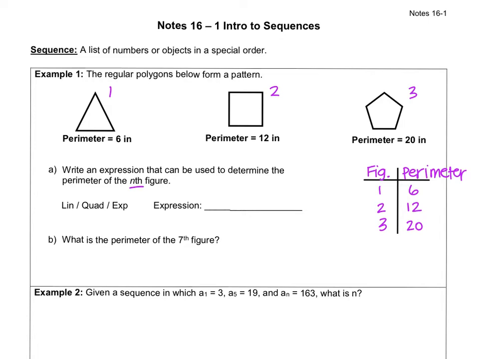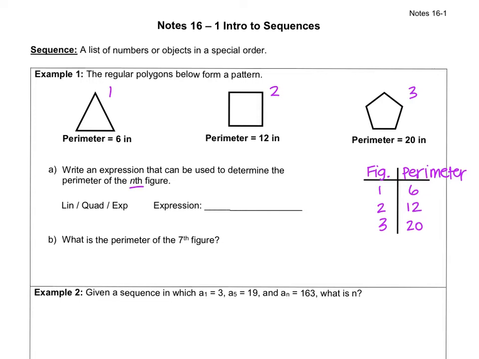And so what you need to do right now is go to your list. So go to Stat, and in L1 we're going to type 1, 2, and 3. In L2 we'll type 6, 12, and 20. And you might have a guess as to which one it might be.